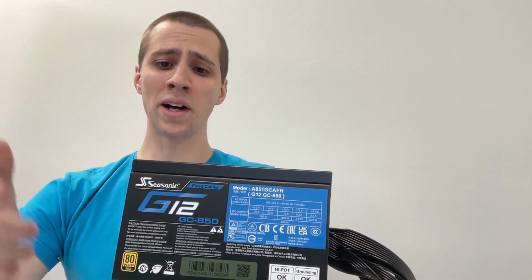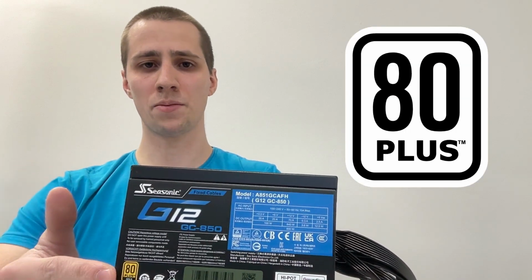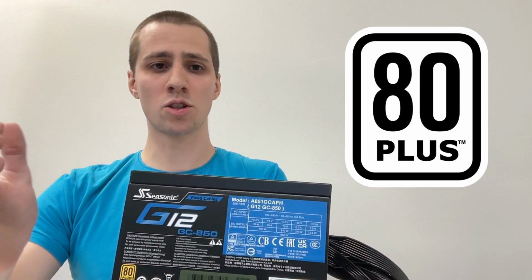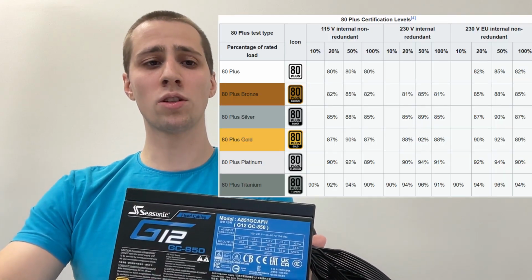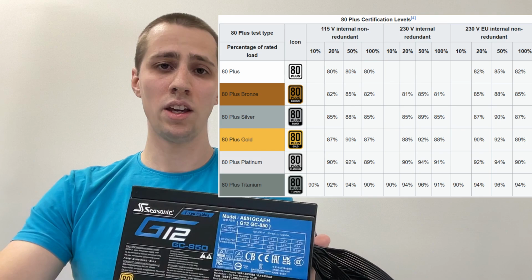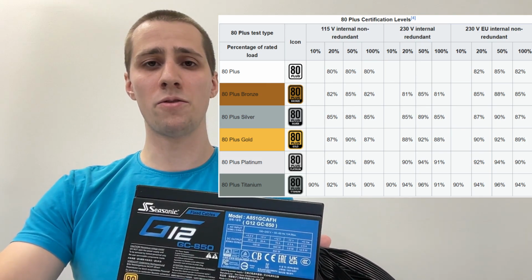On some PSUs, you might encounter the label 80+. The 80+ standard ensures that the power supply meets a certain minimum level of efficiency. Initially, this was set at 80%, but as power supplies have become more efficient, additional certification levels were added, such as bronze, silver, gold, platinum, and titanium, each representing progressively higher efficiency.